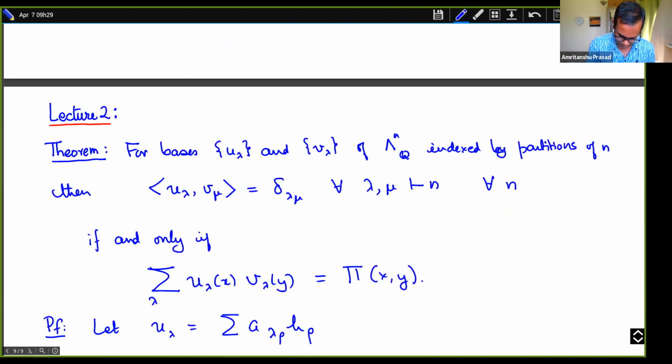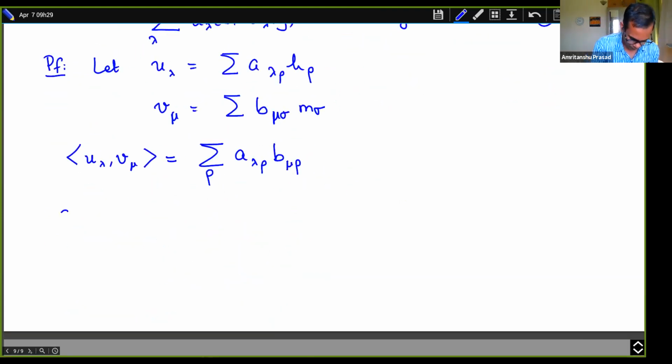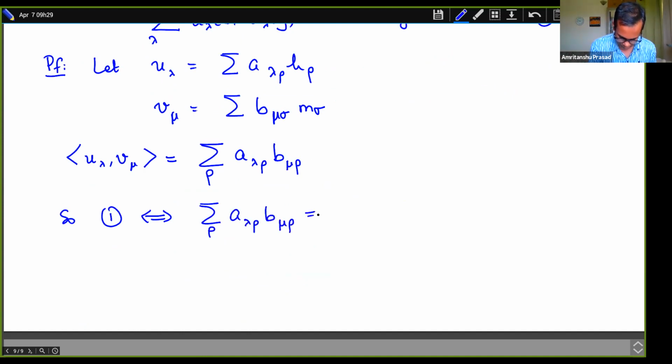So let's call these conditions something. This is condition 1, and this is condition 2. Condition 1 is equivalent to saying that the summation over rho of a lambda rho b mu rho is delta lambda mu.